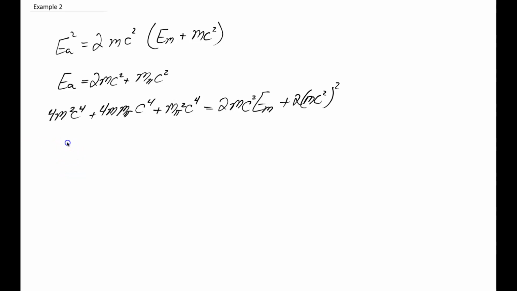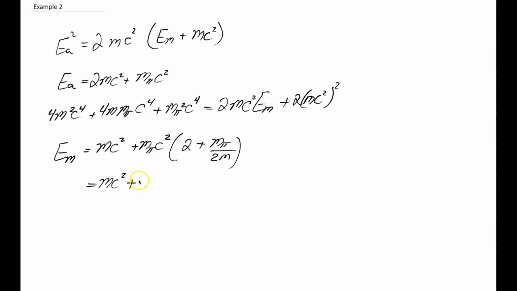And now we can say that E_M would equal mc squared plus m pi c squared times (2 plus m pi over 2m), and that is the same as mc squared plus K, which means that K equals m pi c squared times (2 plus m sub pi over 2m).